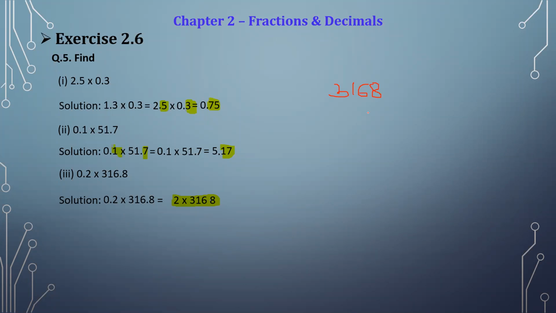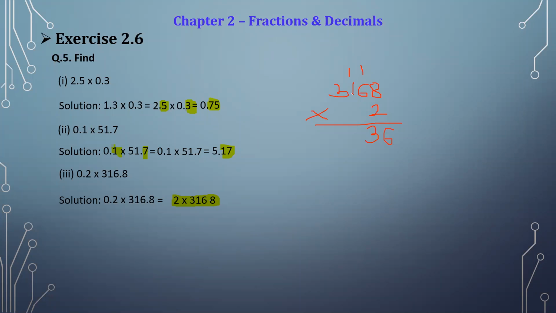We have to multiply 3168 by 2. So now we are going to perform the multiplication. We start with 8. 2 8s are 16, so remainder is 1. Then 2 6s are 12, 12 plus 1 is 13, so again remainder is 1.